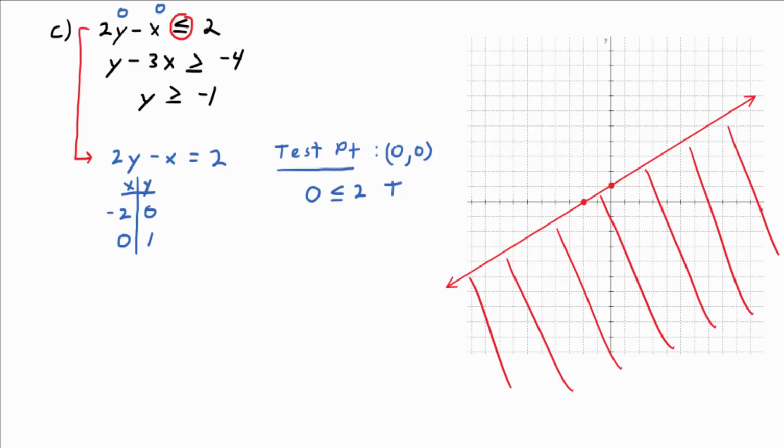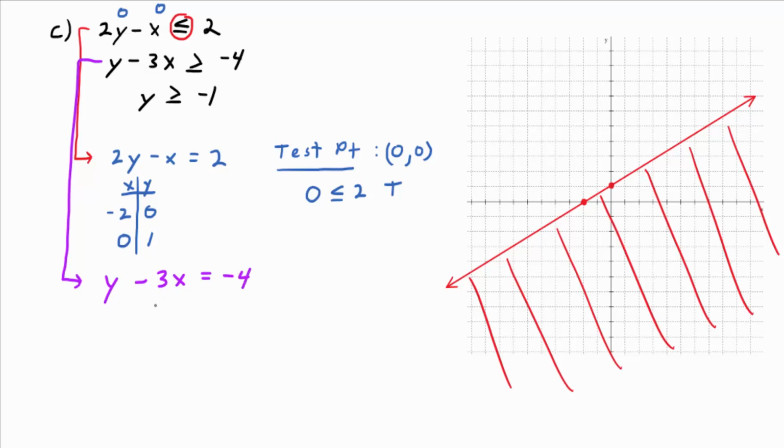Next, let's graph the equation that goes with y minus 3x is greater than or equal to negative 4. So y minus 3x is equal to negative 4. Change the greater than or equal to an equal sign.